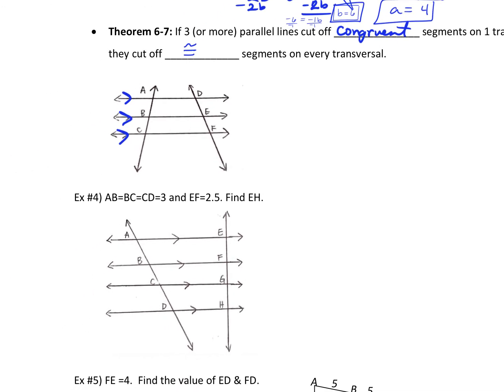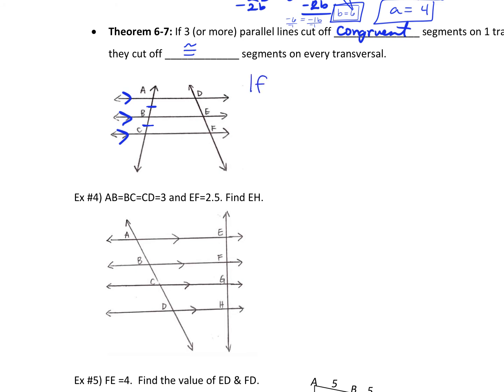In this picture, if these 2 segments are congruent, then we know that DE and EF will also be congruent to each other, not to the other ones, because if we cut it off at a sharper angle, they're going to be different.